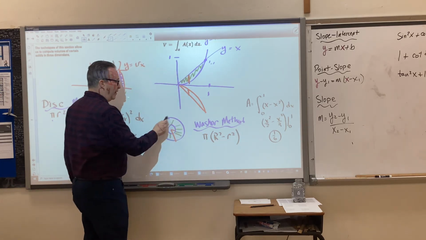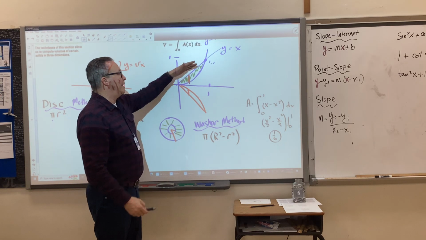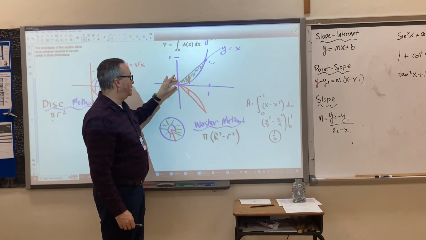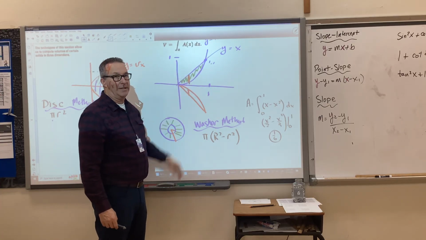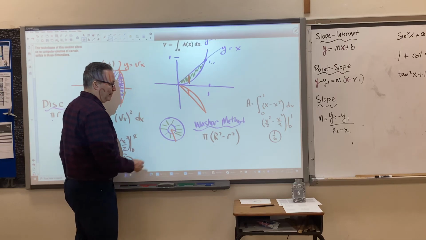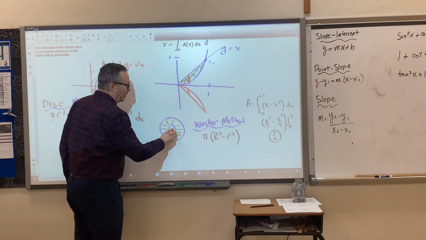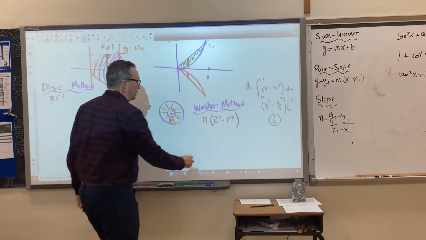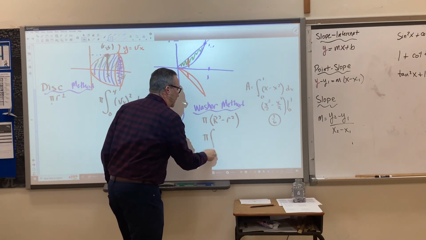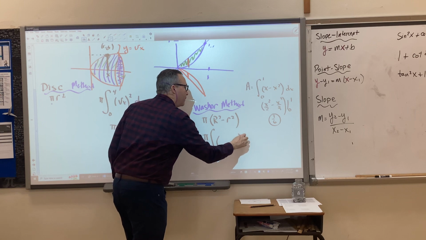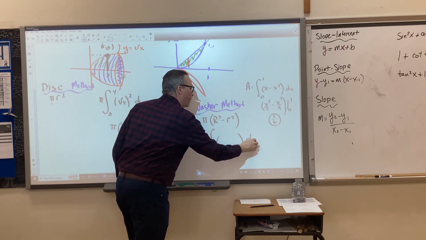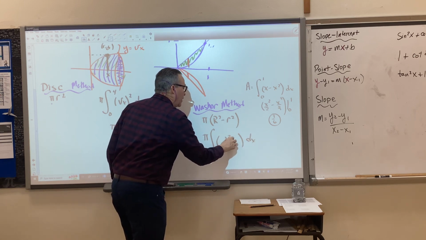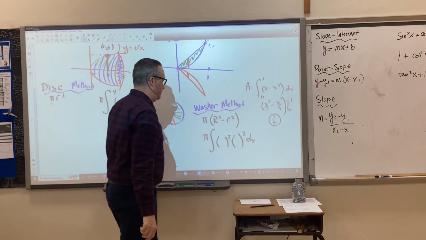We're finding the area of the solid. If the outside were just the whole thing, then we'd subtract the area of the inside, the part that's not there, right? Where this is capital R and that's little r. And that looks like this, right? It's pi integral of something squared minus something else squared.